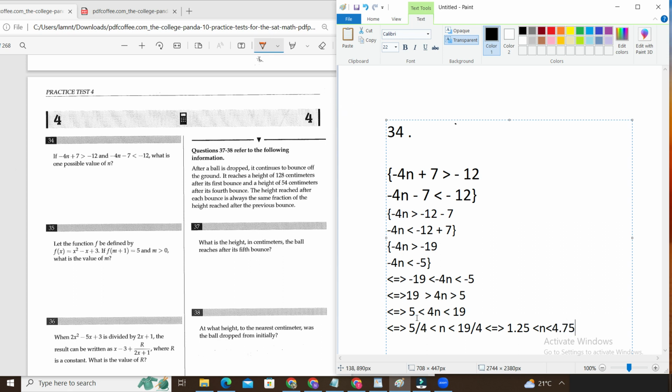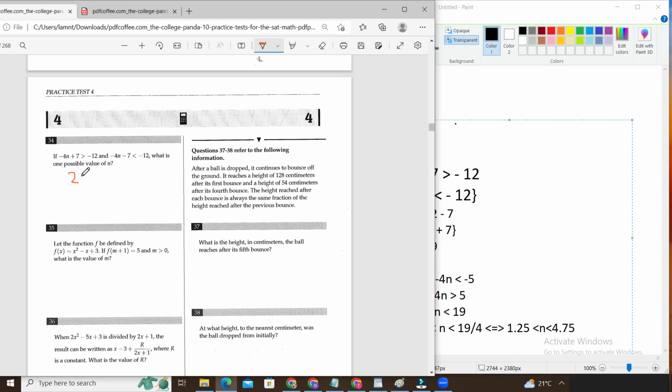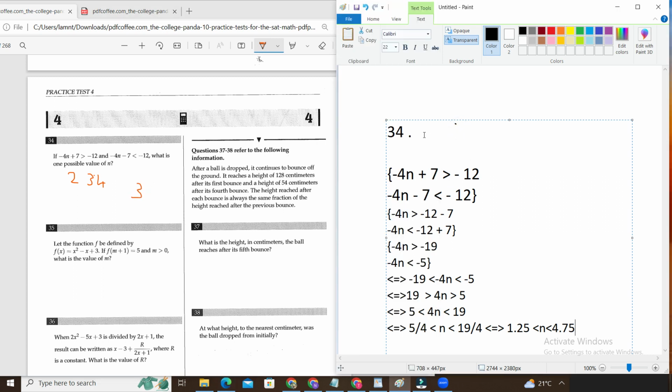So one possible value for n could be 2, 3 or 4. I choose 3 as an example, because it's the middle point.